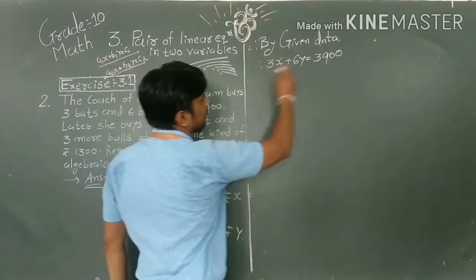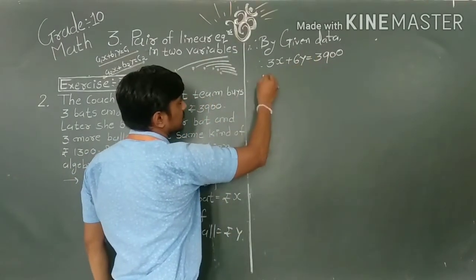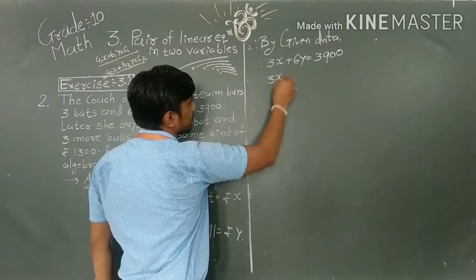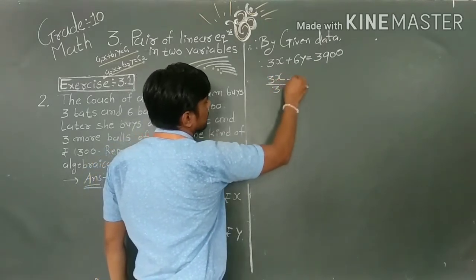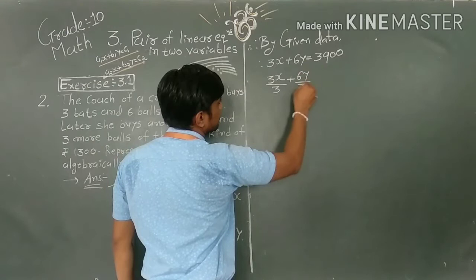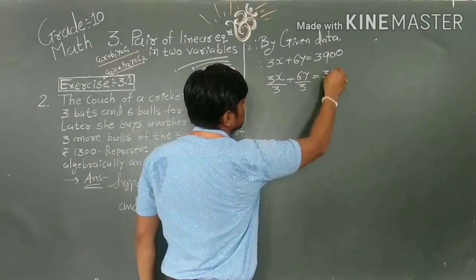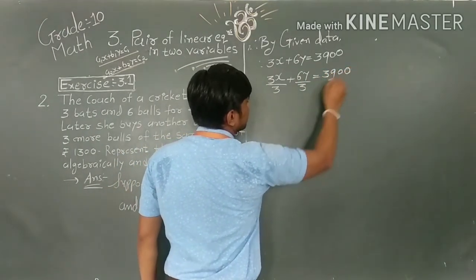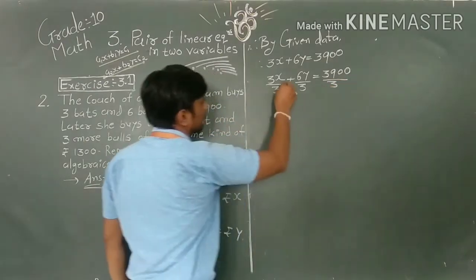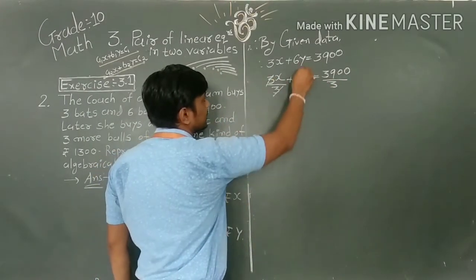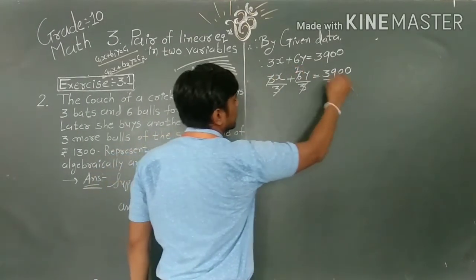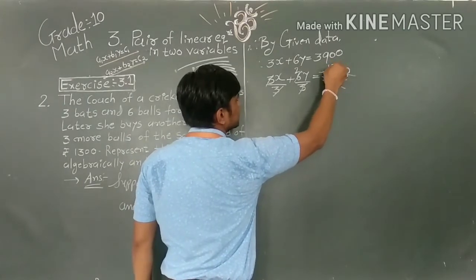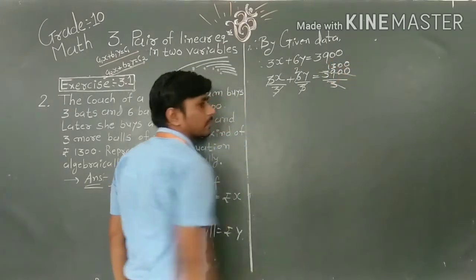Now if we divide all terms by 3, what do we get? 3x upon 3 plus 6y upon 3 is equal to 3,900 upon 3. The 3s cancel here. 3 twos are 6, and 3,900 divided by 3 is 1,300.